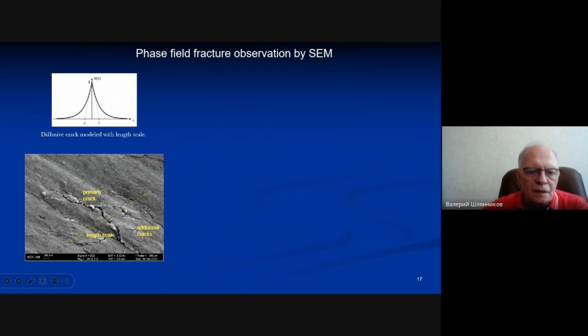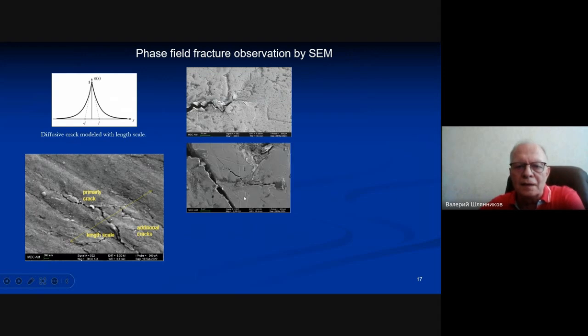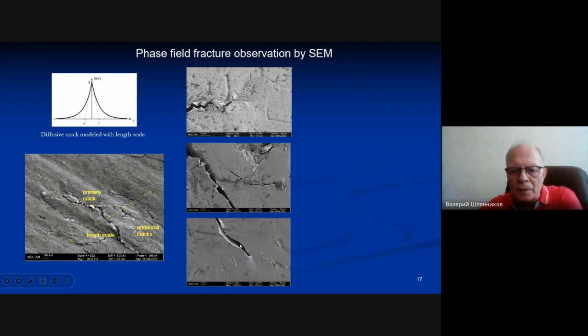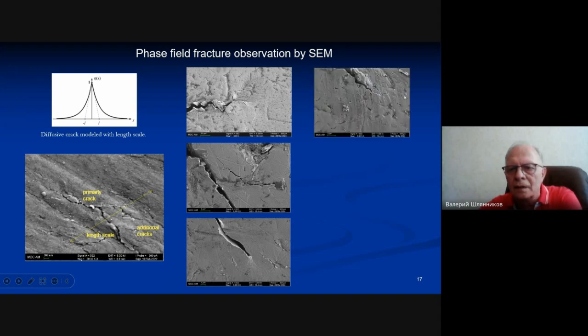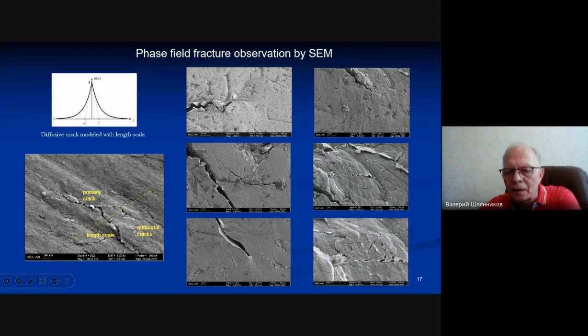It should be noted that the size of these small cracks decreases with increasing distance from the primary crack. And the next figure shows the same picture: primary crack, additional phase field cracks, and the area of additional phase field cracks.